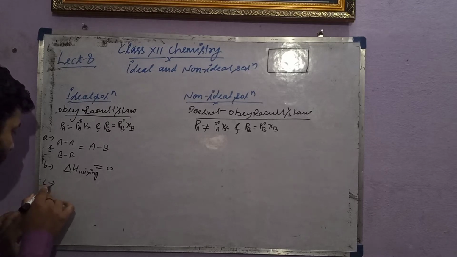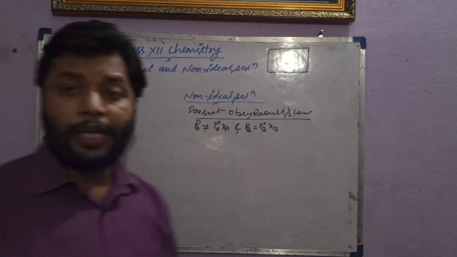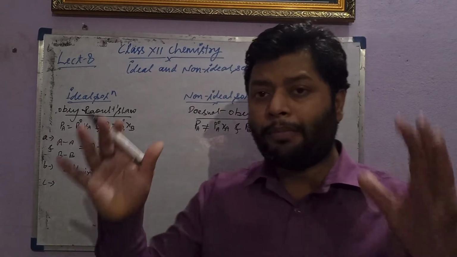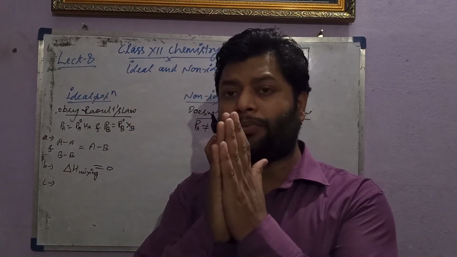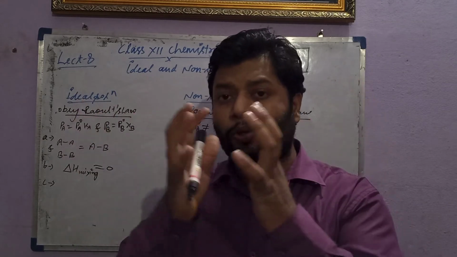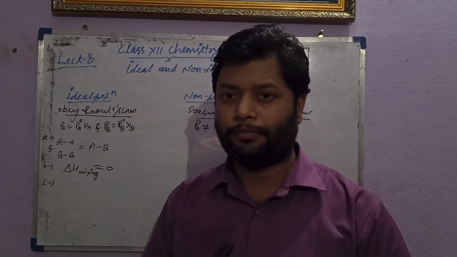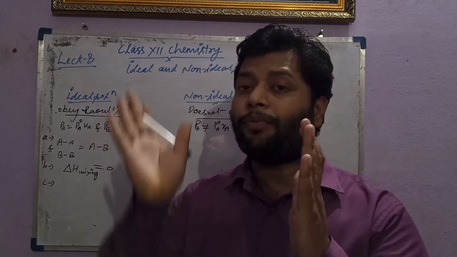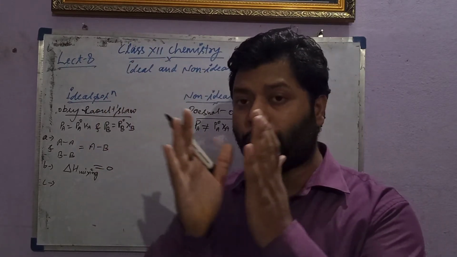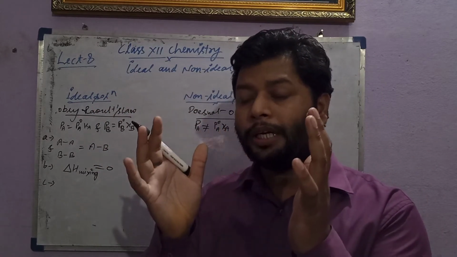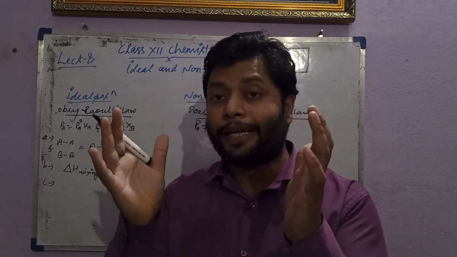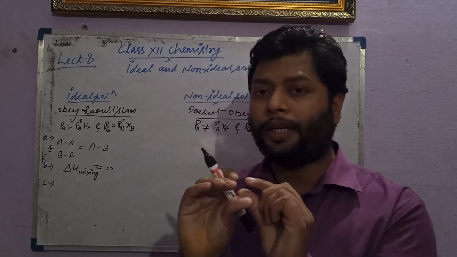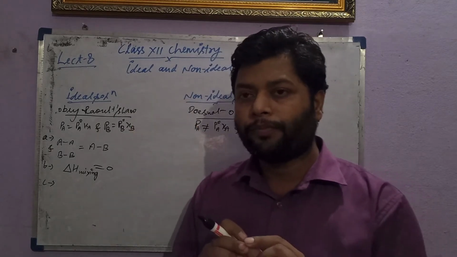And the third thing that is important. When molecules associate together due to the force of attraction, they come closer and decrease the volume. This is important. When molecules have a greater force of attraction, they come closer, and due to the association of molecules, the net volume of the mixture will be lower than the actual volume.